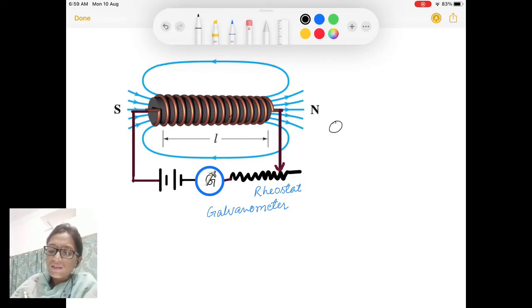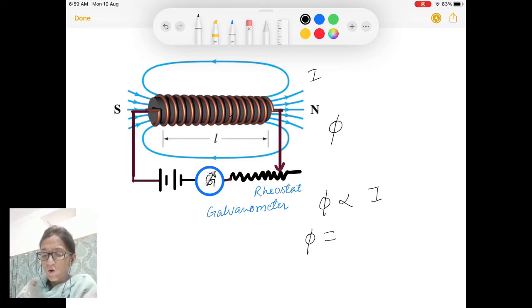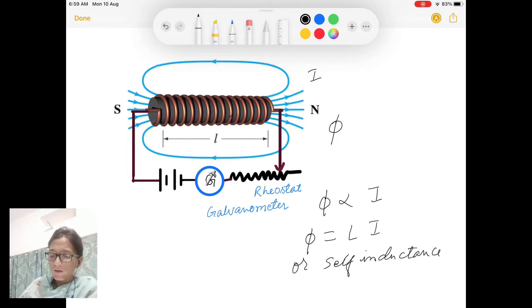Suppose you have flux phi and the current flowing in the same wire is I. Then this flux will be proportional to the current. For a single coil the constant of proportionality is called L. This is your self-inductance. You can also call it the coefficient of self-induction.